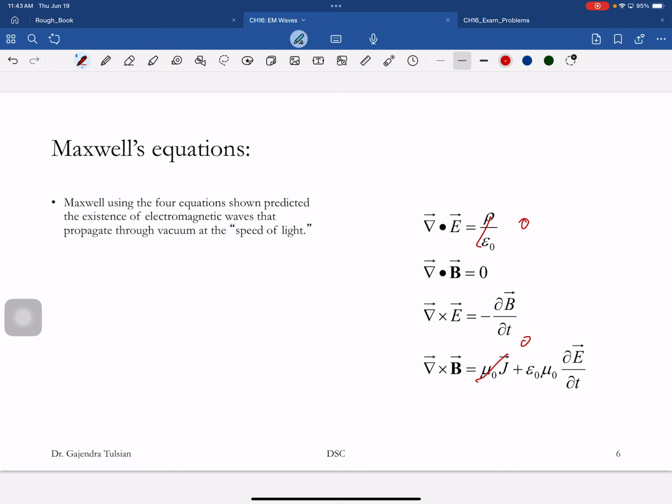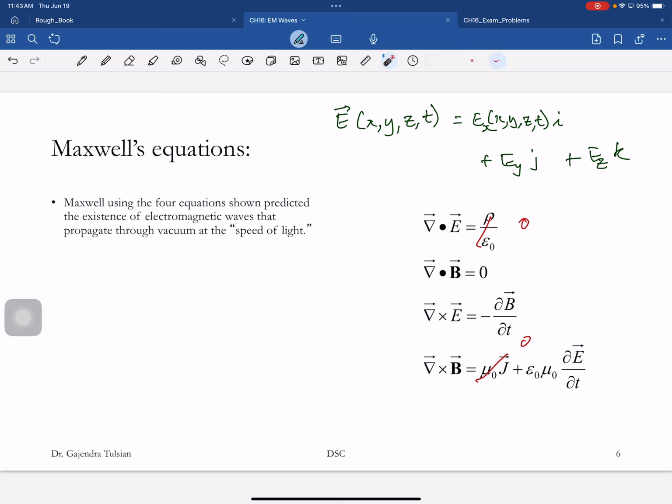So by the way, I'm just going to write one of them. These vector fields are functions of space and time. So these are vector fields. What does it do? For a given space point at a given time, it gives you this vector.